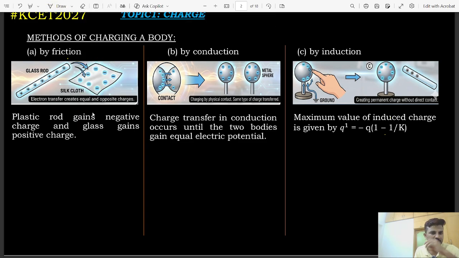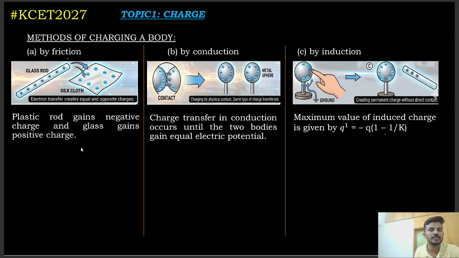So the first one is charging by friction, the second is charging by conduction, and the third is charging by induction. In the case of friction, what happens? You have to physically bring two bodies into contact.